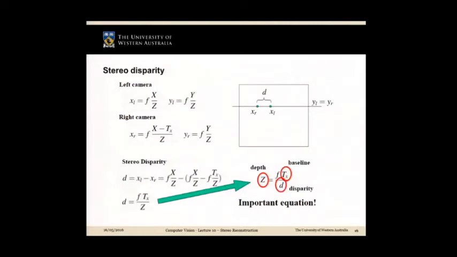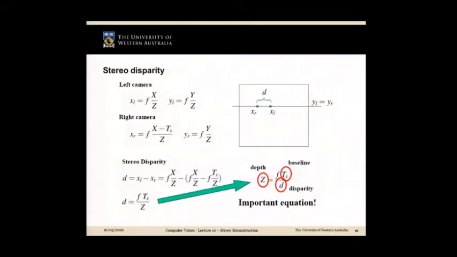Now, with all these expressions, you already know your xr, xl, yr, and yl. As we have assumed our translation along the x-axis, our disparity will be between xr and xl values, and that can be computed using this particular equation, which is given here: stereo disparity d equal to xl minus xr.